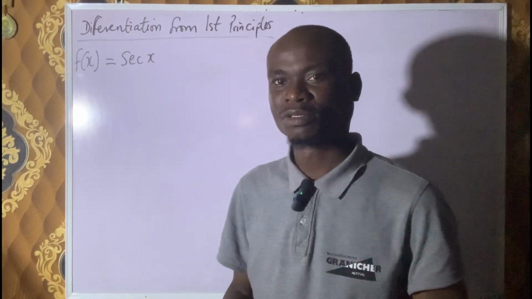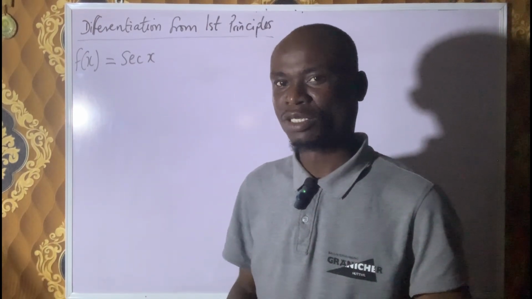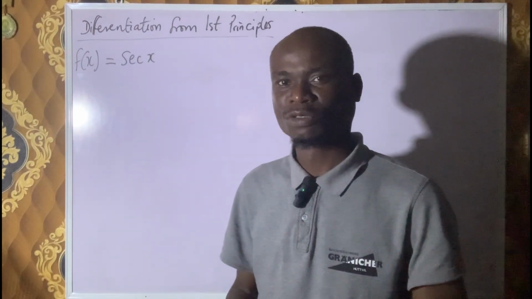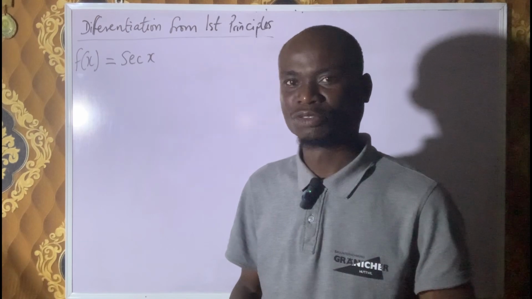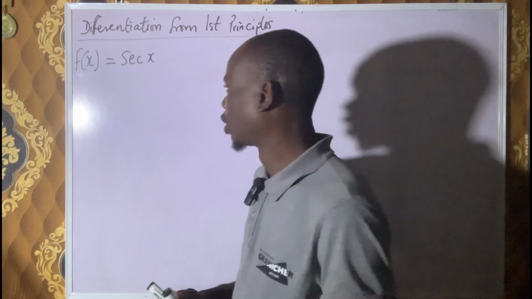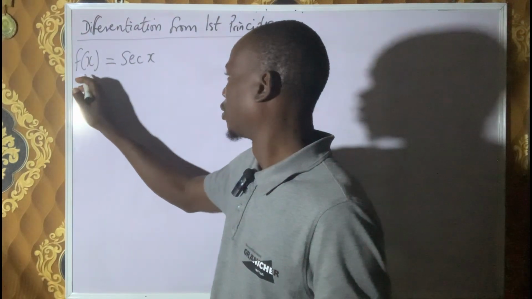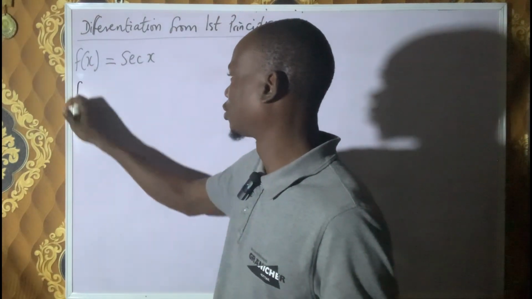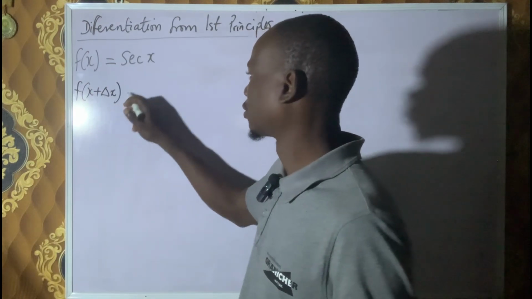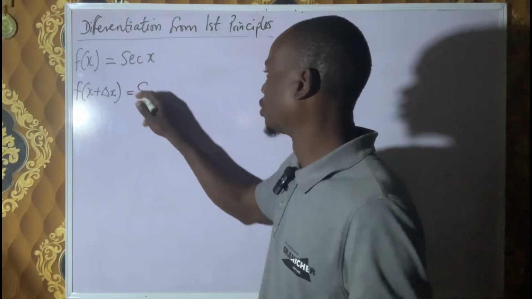It's a continuation. We're looking at the function sec x. So let's see how we can get that solved following the procedure we started using from the previous videos. Okay, so now the next step says we should replace x with x plus change in x. So we'll do the same thing on the right.